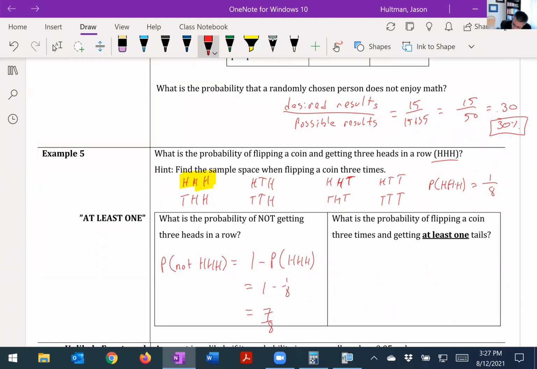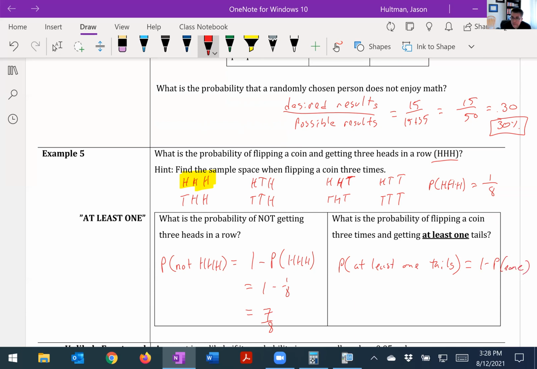What's the probability of flipping a coin 3 times and getting at least 1 tails? So we want at least 1 tails. Well, the probability of at least 1 tails is equal to 1 minus the probability of no tails, of none, right?